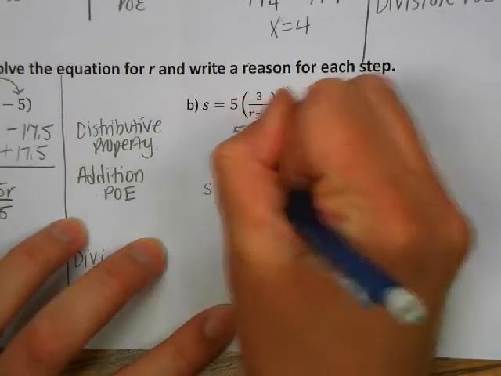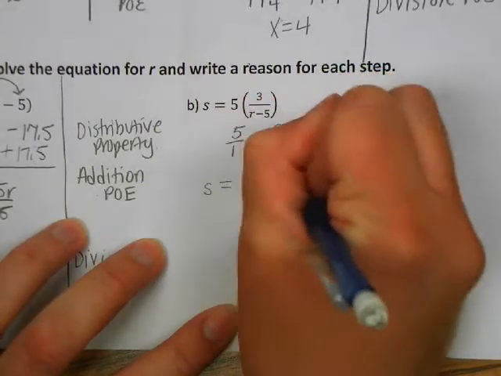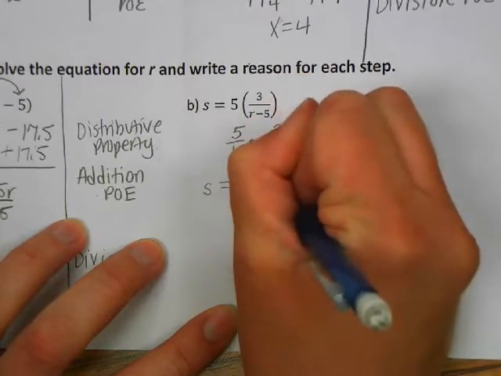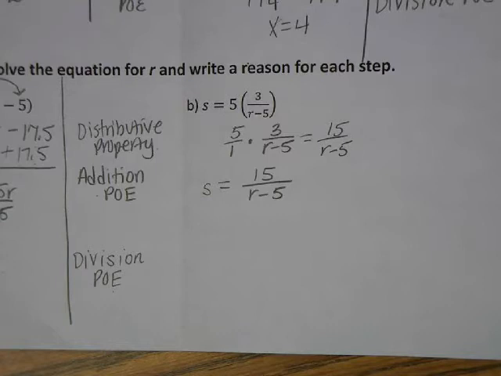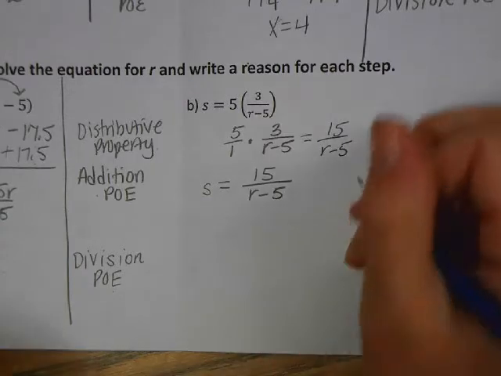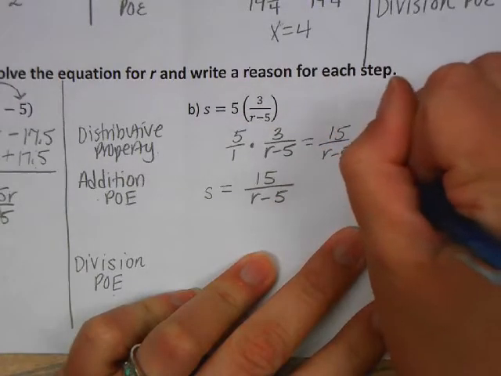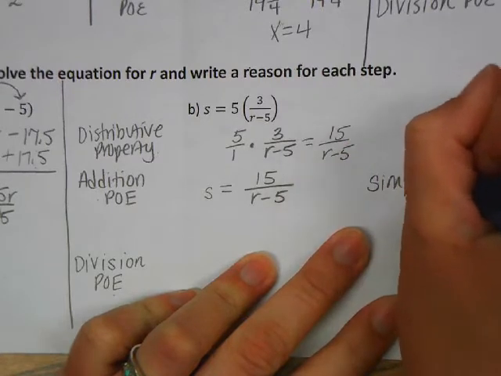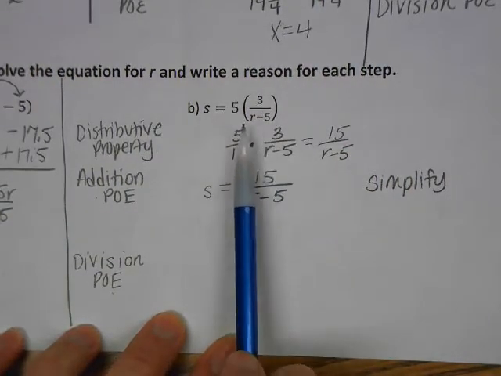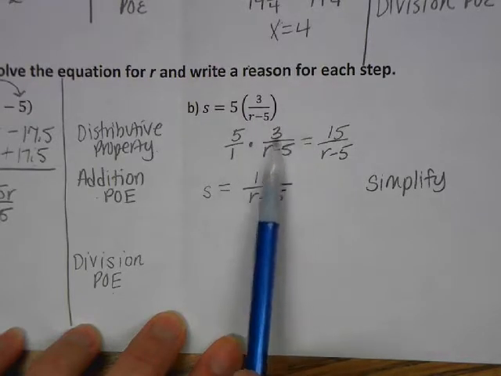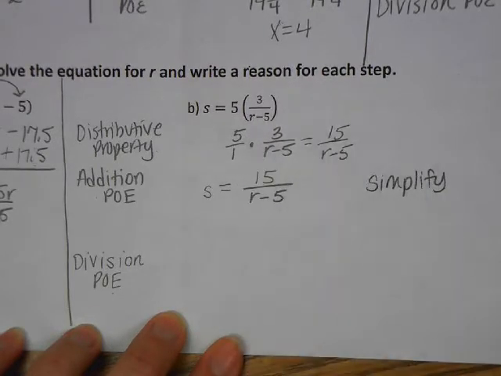So I have s equals 15 all over r minus 5. And all I did was I simplified the right-hand side. It's not distributive property because I didn't distribute 5 to 2 terms.